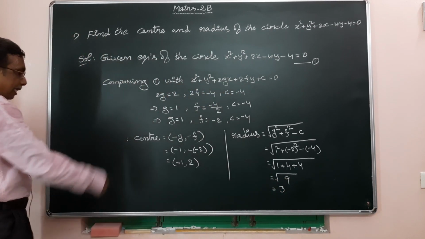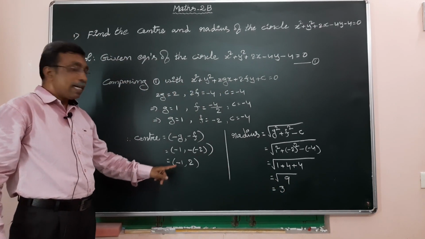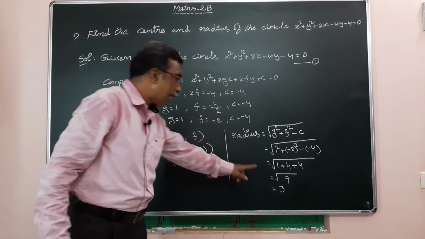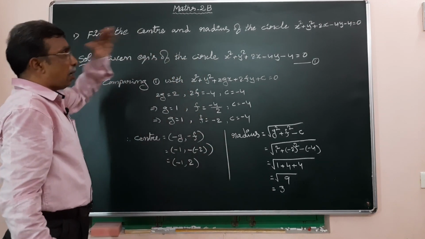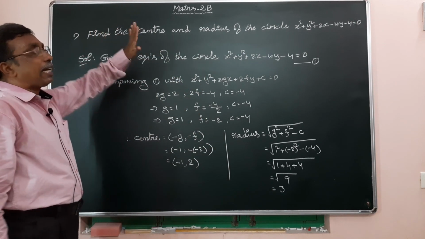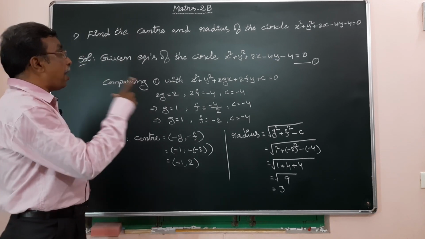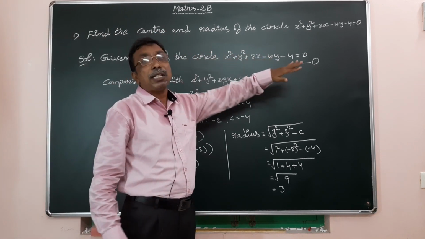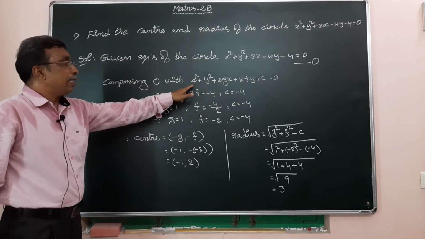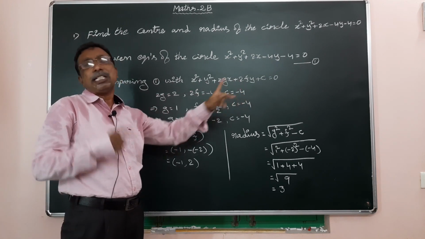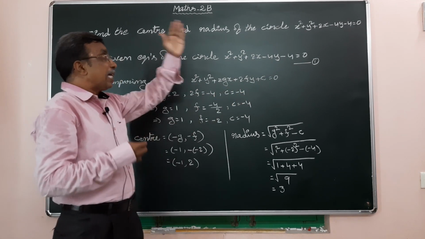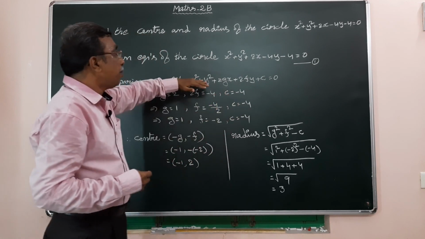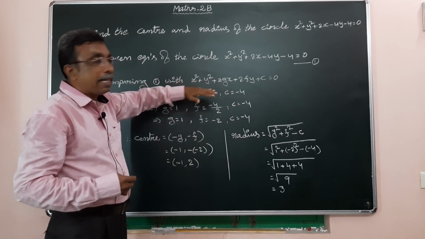This is the center. Center is minus 1, comma, 2. Radius is 3. So, any circle equation is given, we compare it with the general equation of the circle. Any equation is given, first of all, convert the equation into the general form of the circle equation.